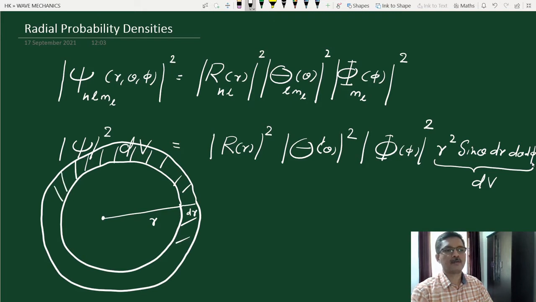Probability of finding the electron between r and r plus dr, at a distance nearly r from the nucleus within an interval dr. What is this probability? Now let me use the simple P(r) dr for this.